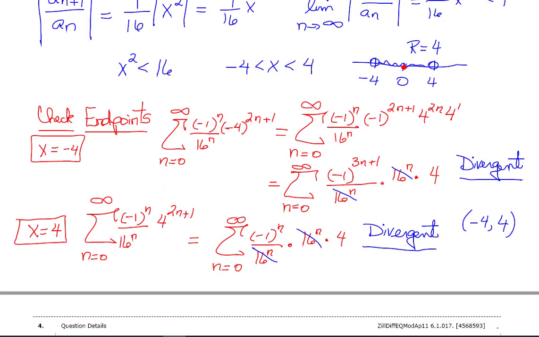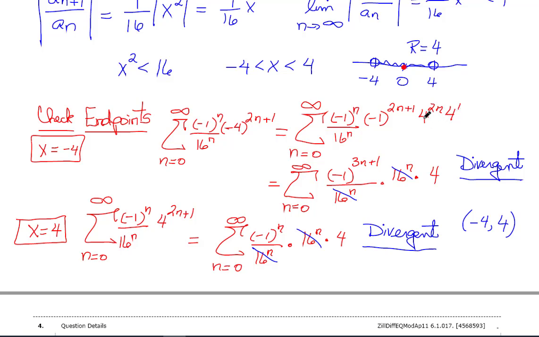Let's see. Plugging in -4. That's -4 to the 2n plus 1. So I split off the -1 part, and now I'm looking at 4 to the 2n plus 1. I split that into 4 to the 2n times 4 to the 1.